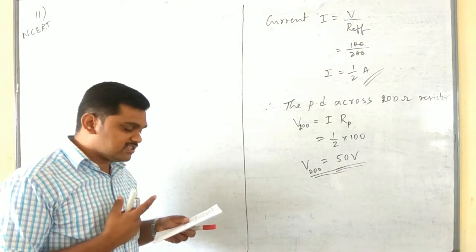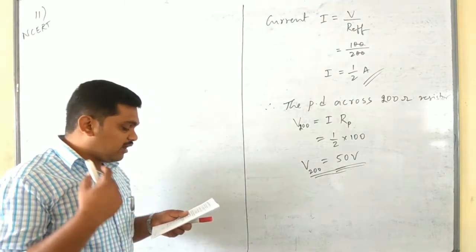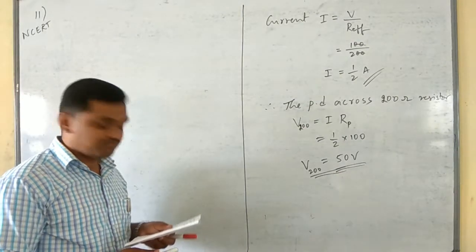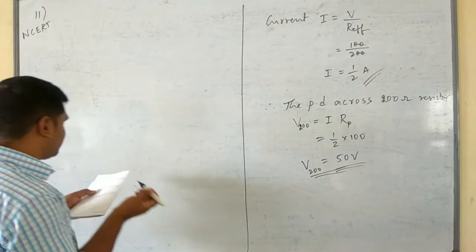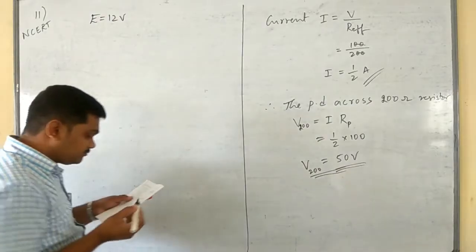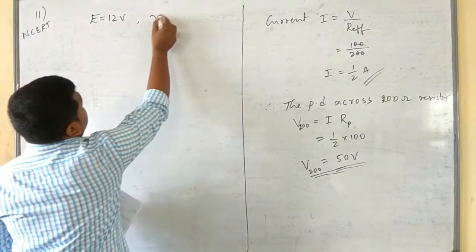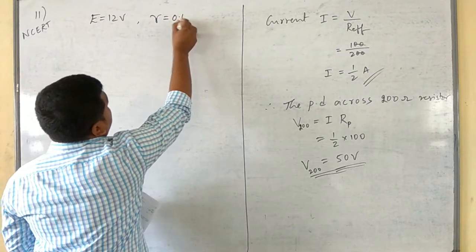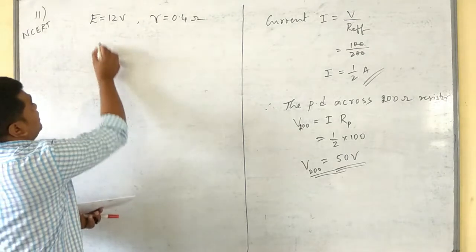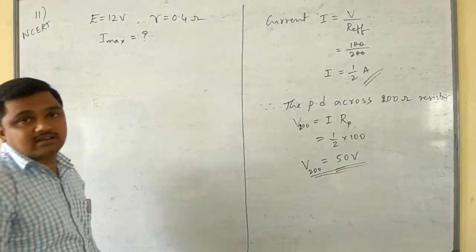If the internal resistance of the battery is 0.4 ohm, what is the maximum current that can be drawn from the battery? EMF is given as 12 volt, r is equal to 0.4 ohm, I max is question mark.